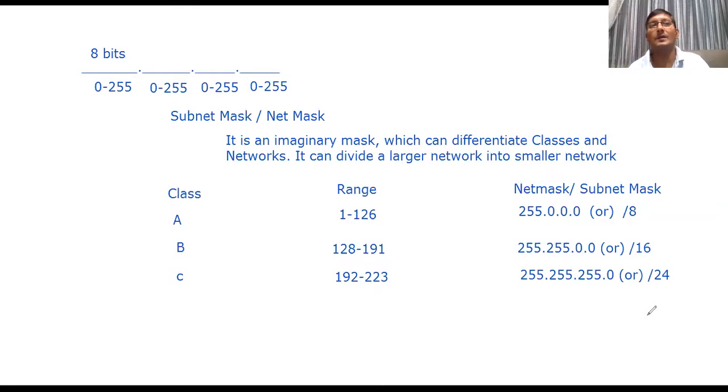But in our lab, we prepared an environment where all the systems have class B IP addresses, but the net mask is /24. Why?